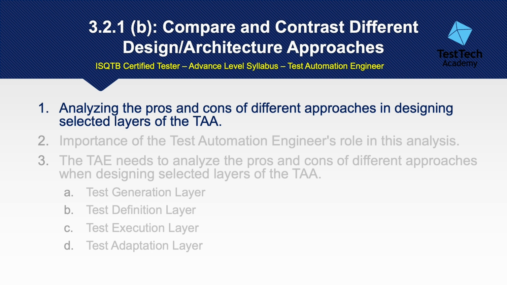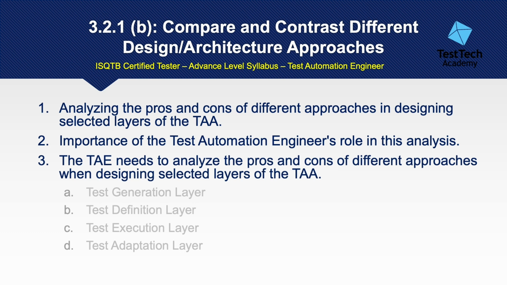By carefully evaluating the strengths and weaknesses of each approach, test automation engineers can make informed decisions that contribute to the success of the automation initiative. Also, as automation engineers, it is crucial for us to weigh the pros and cons of various design approaches when crafting the TAA design.